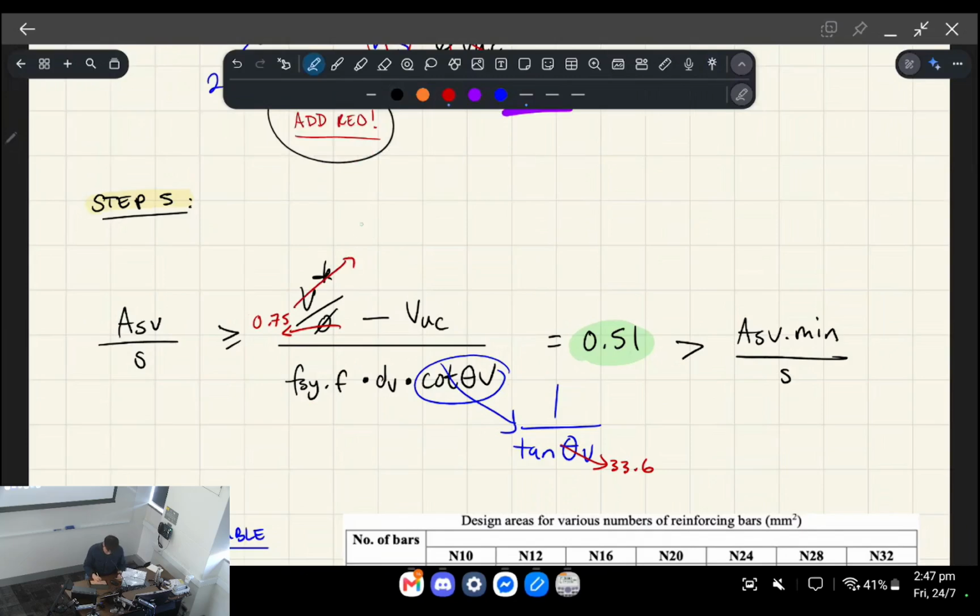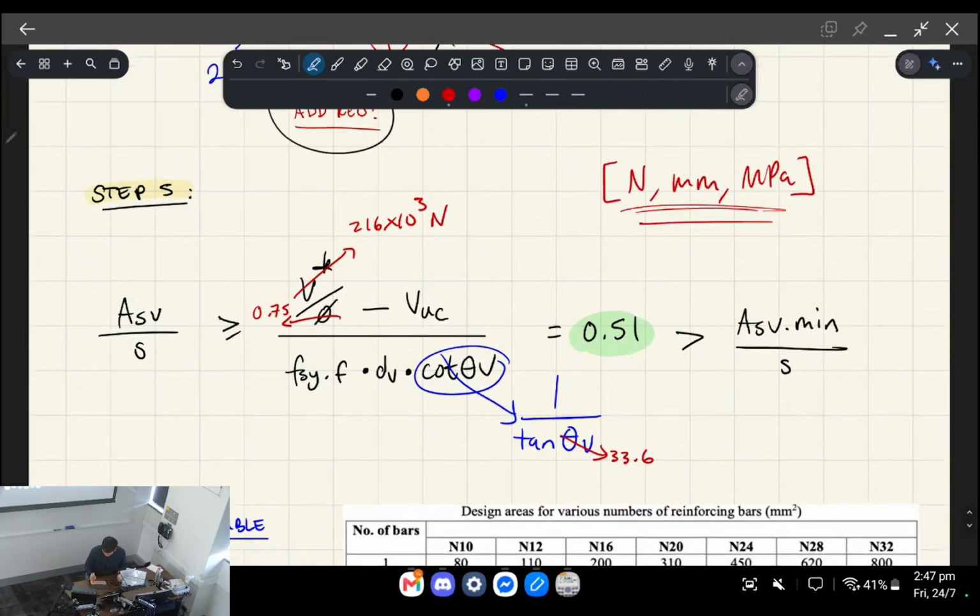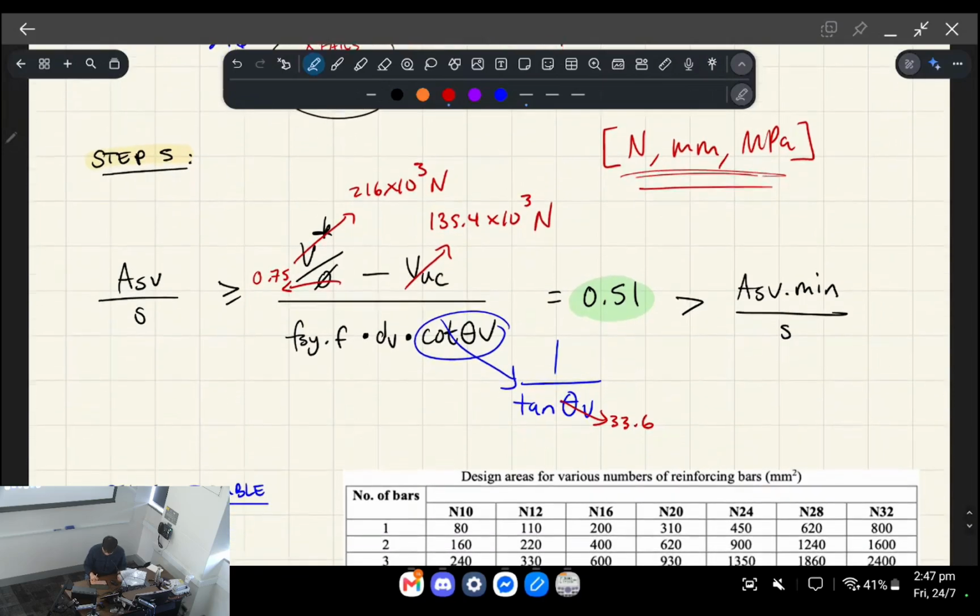So V star is 216, and we're going to get that into newtons again. Remember, this is another formula that's sensitive to units, right? So we need to make sure all of our units comply with those 3 that you see on the screen there. Okay, VUC is 135.4, and you multiply that by 10 to the 3, again giving you an answer in newtons.